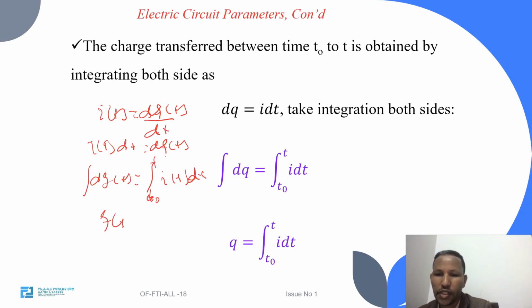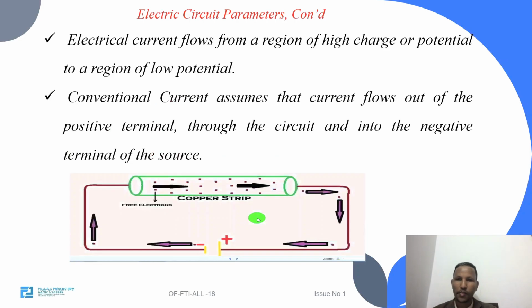So q(t) equals the integral from t naught to t of i(t) dt, okay. So at any time t, we can determine the charge flowing through the element in the circuit.